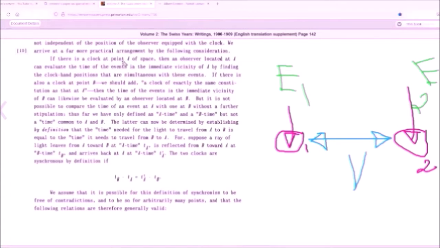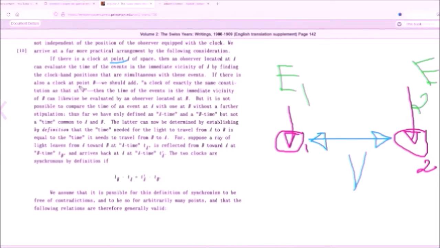If there is a clock at point A of a space, then an observer located at A can evaluate the time of the events in the immediate vicinity of A by finding the clock handle positions that are simultaneous with those events.